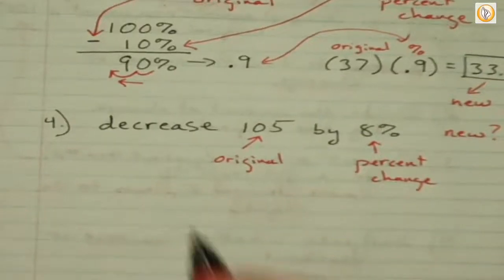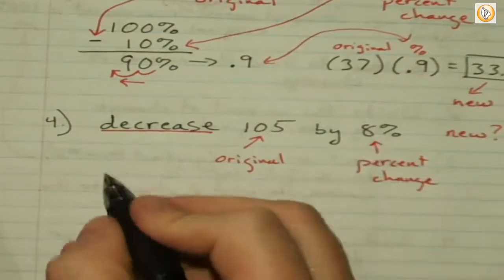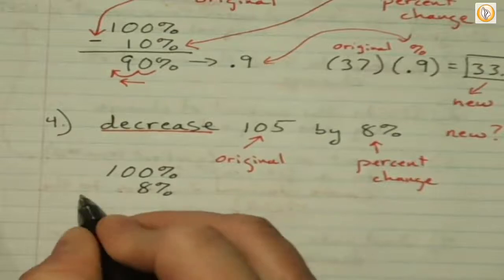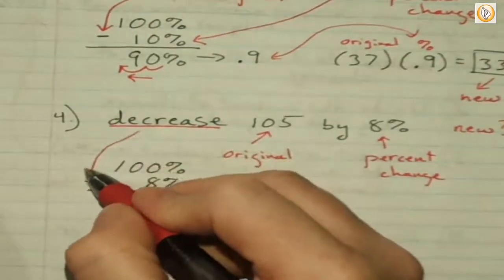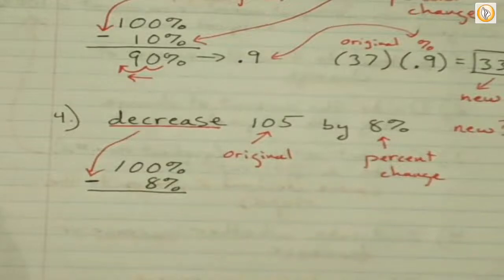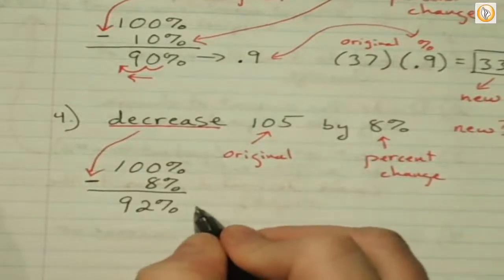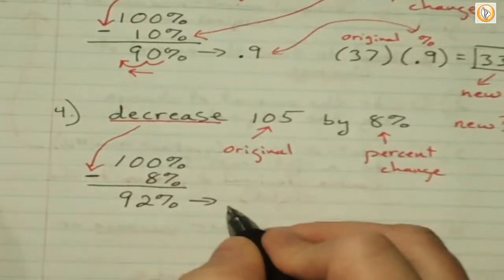So Joseph, it says decrease, so what am I going to do first? Subtract 8% from 100%. That's right, we're going to subtract 8% from 100%. It says decrease, so we are subtracting. We get 92%, but we have to change it to what? A decimal. And so that becomes 0.92.